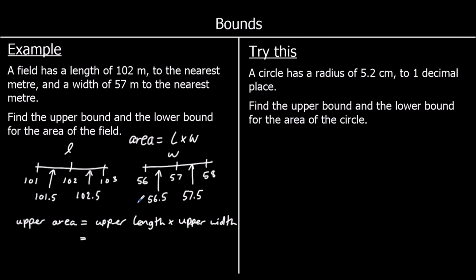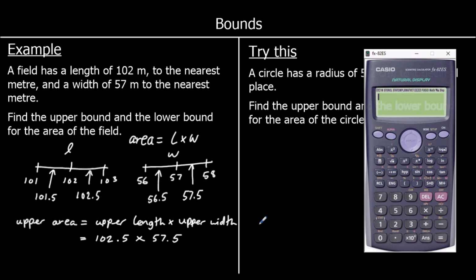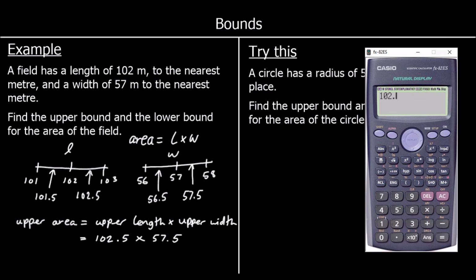So the upper bound for length is 102.5 times the upper bound for width, which is 57.5. So we can type this into the calculator, and that will give us our upper bound for the area. So 102.5 times 57.5, and that is 5,893.75.